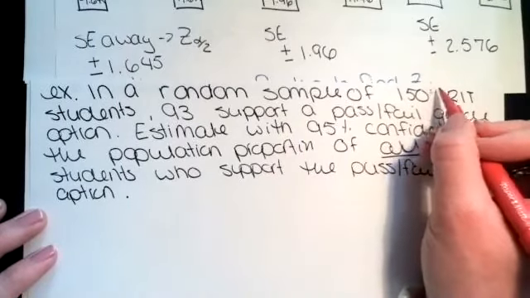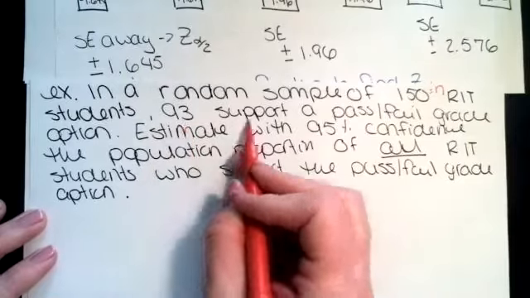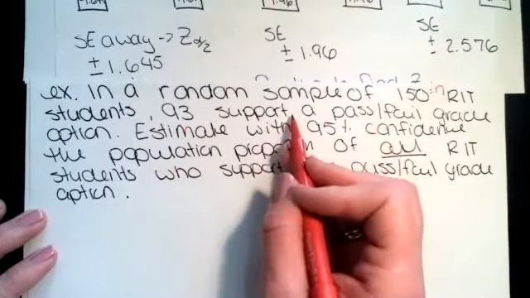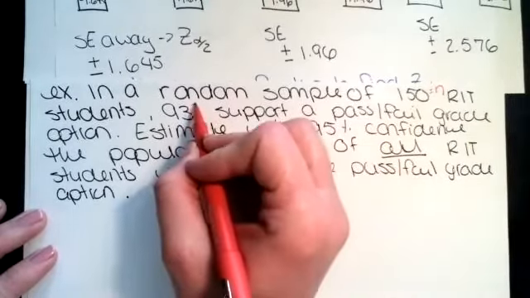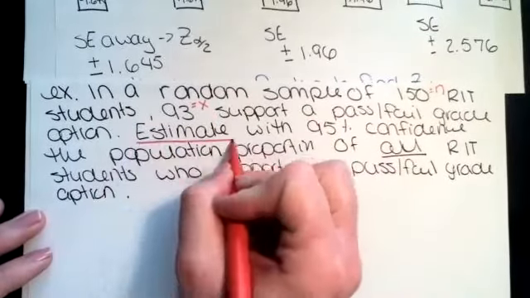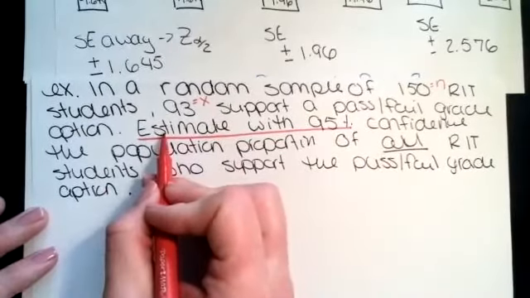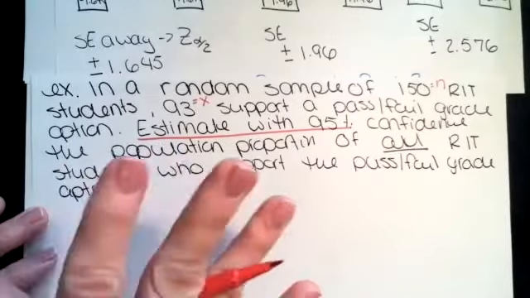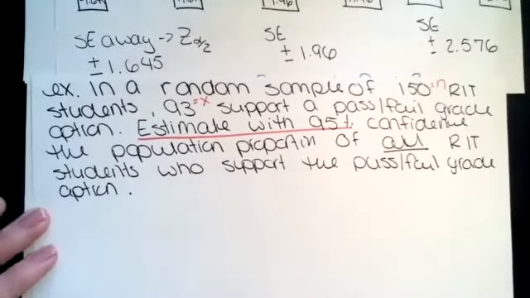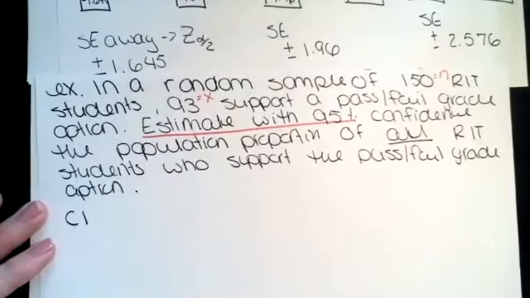This right here is my n, my sample size. And it says 93 support. So 93 have said yes, they support the pass-fail grade option. That's my x. And right here it says estimate with 95% confidence. As soon as I see the word estimate, I know it's a CI right away. I don't even have to think about it anymore. So I know I'm looking at a CI here.